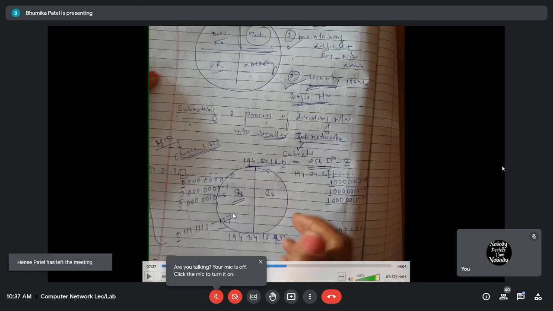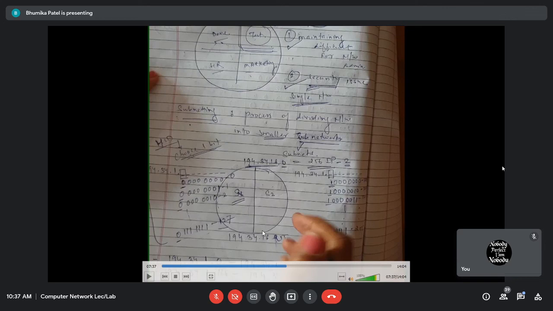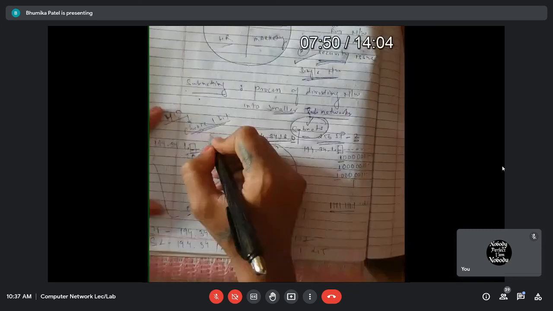What does the last IP address show? The directed broadcast address. So for subnet 1, the last IP address is 127, so that is the broadcast address. For subnet 2, the last IP address is 255, so that is the directed broadcast address. But if I have the entire network, then this 255 should be the directed broadcast address for subnet 2 or the entire network. That is the question. Okay, so I'll show you.